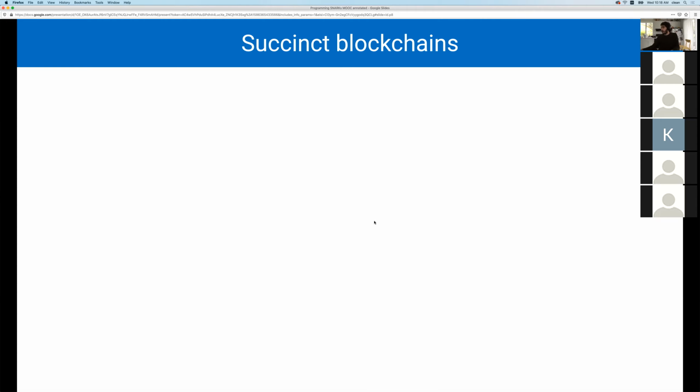Cool. So those are some motivations for why you might be interested in proof composition or recursive SNARKs in general. They allow you to make very powerful systems of verifiable computation.